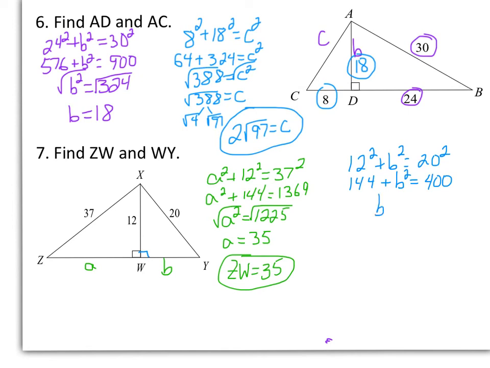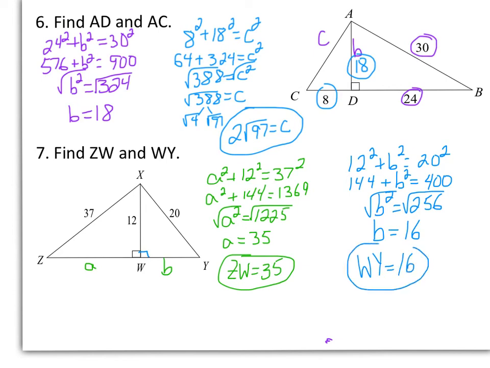Subtract 144. So B squared equals 256. And then take the square root. B equals 16. So that tells us WY is 16.